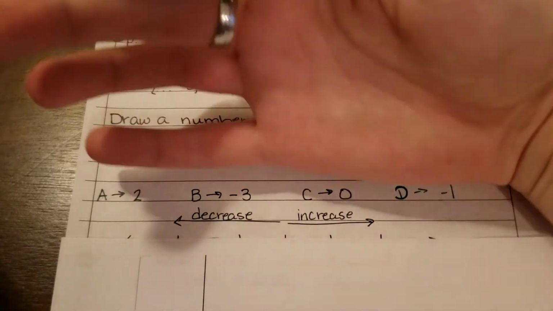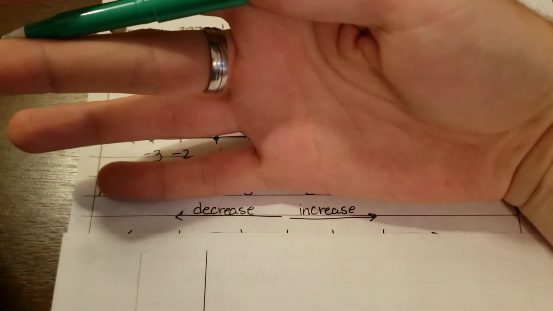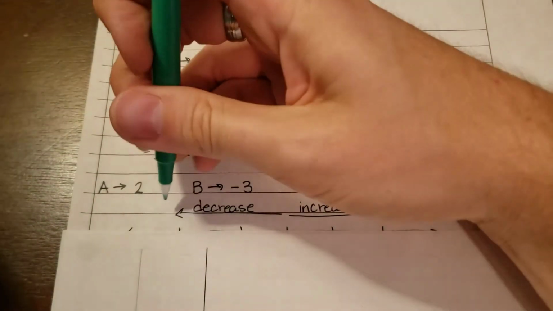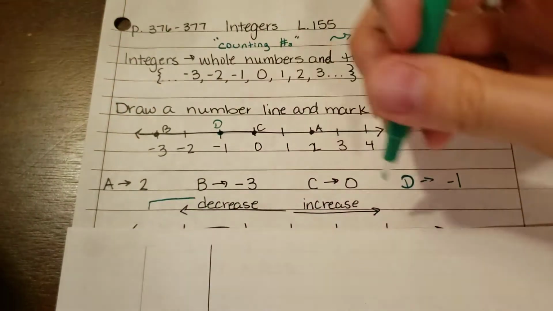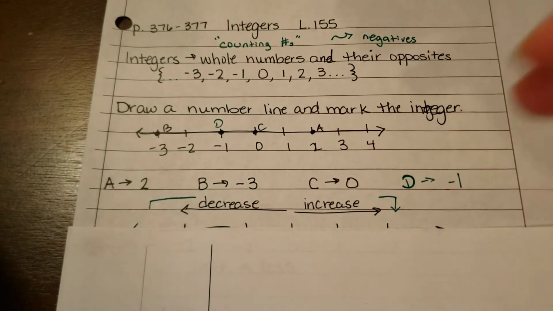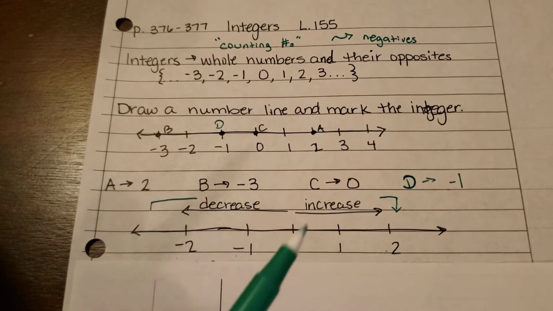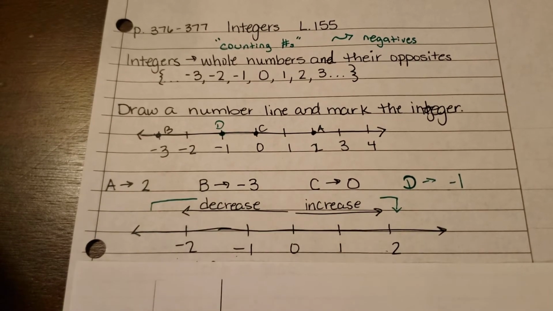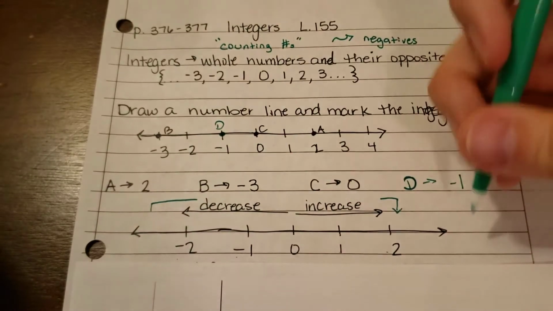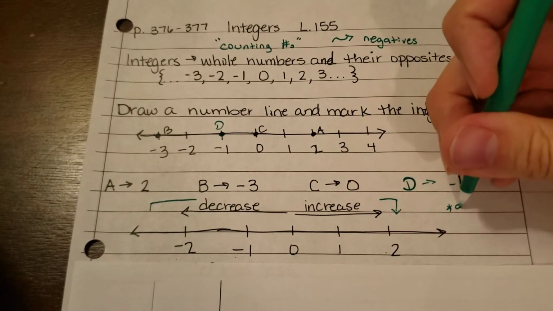Now, this note, the increase and decrease, is not for this information. It's for this information coming below. When we're at 0, it increases to the right. So as we move right on the number line, I'm going to write that up here.